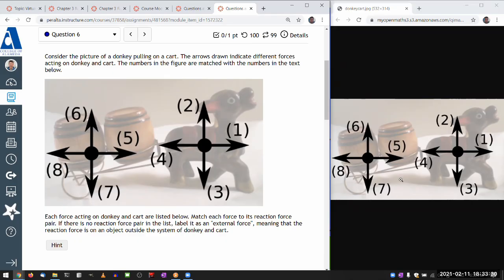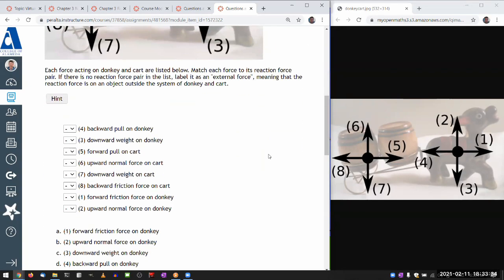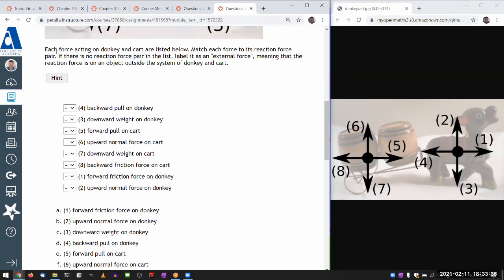So this is the figure that you will have available on the site. It says, for each force listed below, match each force to its reaction force pair. If there's no reaction force pair in the list, label it as an external force, meaning that the reaction force is on an object outside the system of the donkey and cart.